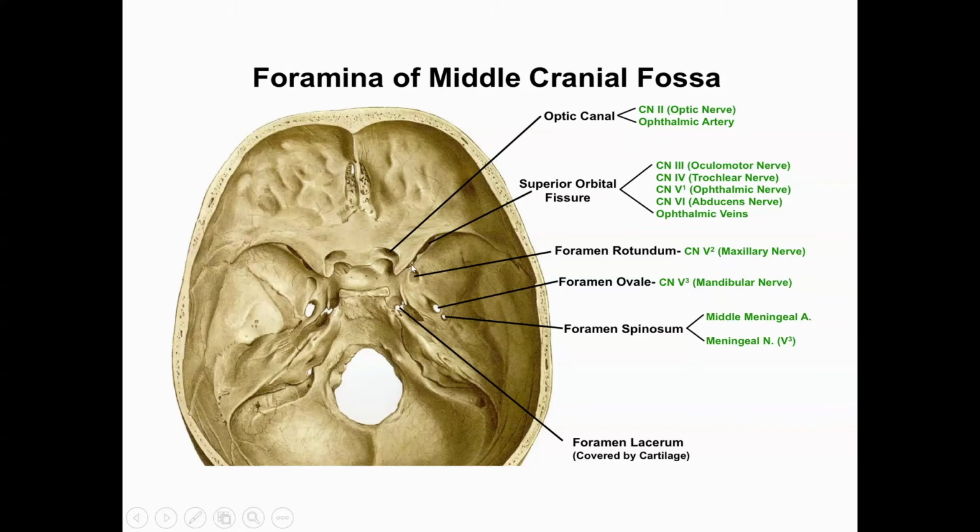The structures which pass through the superior orbital fissure are the 3rd, 4th and 6th cranial nerves, the oculomotor, trochlear and abducent, and the first division of the fifth cranial nerve, the ophthalmic nerve. This is the foramen rotundum, which transmits the maxillary nerve. The foramen ovale transmits the mandibular nerve, which is the third division of the fifth cranial nerve.